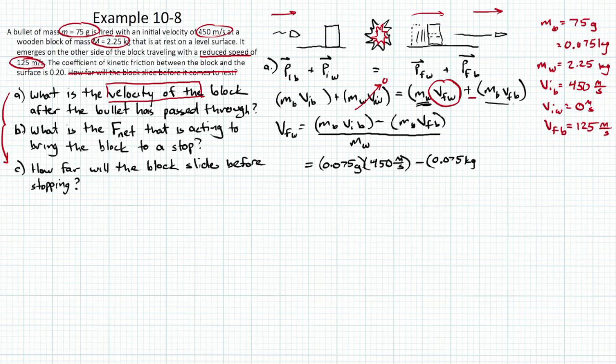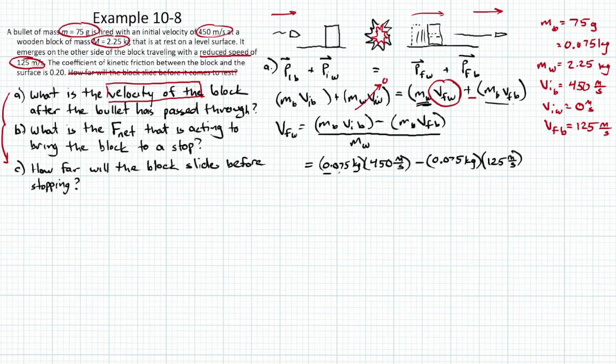Oh, I'm sorry, I put grams there. That should be kilograms. We converted it to kilograms, so I might as well use kilograms. 0.075 kilograms, that's the mass of the bullet, times the final velocity of the bullet. We were told that as well, 125 meters per second.